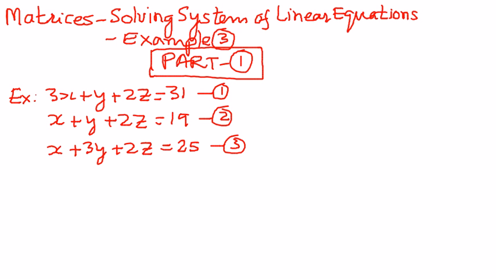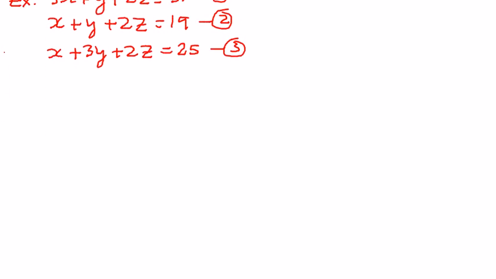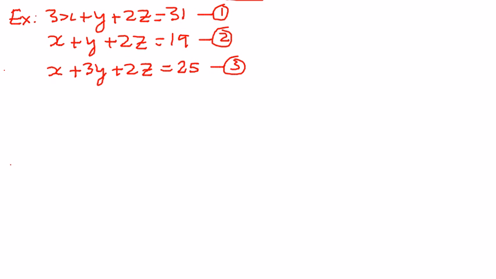We want to write an augmented matrix based off this system of linear equations. The way to do that is as follows. Step number 1. We're going to pick up the coefficients of x, y, and z in equations 1, 2, and 3 and write them down in a matrix format, and that will be our augmented matrix.